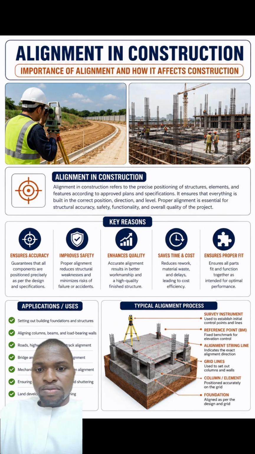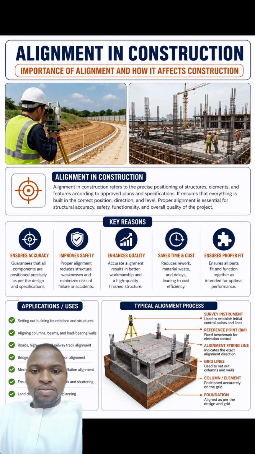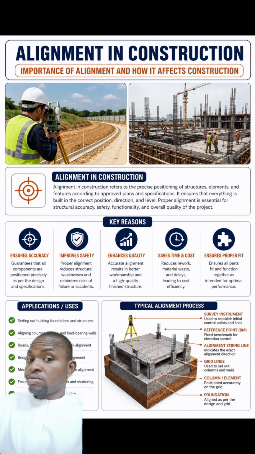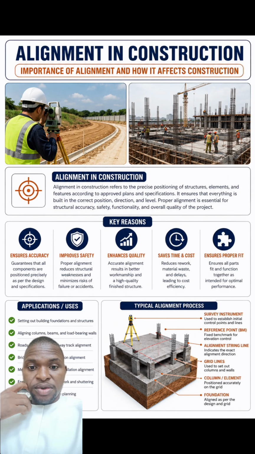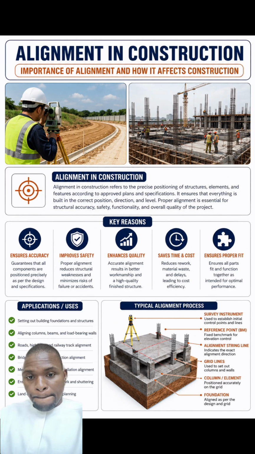So you still fall back to the design, you still fall back to the specification that has been given to you. But what guarantees that all these components are properly positioned is your alignment. So it helps you to actually get that desired accuracy on site.